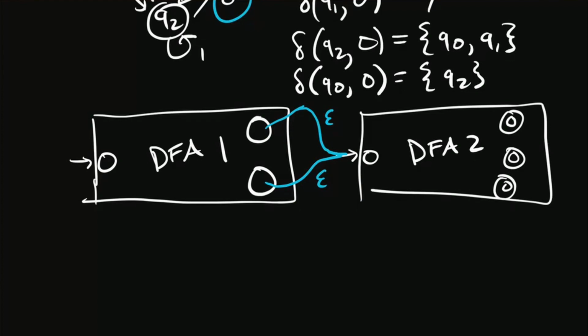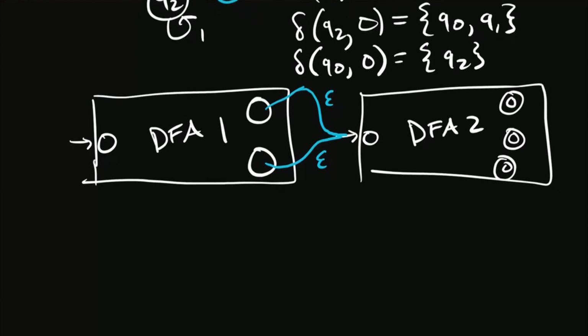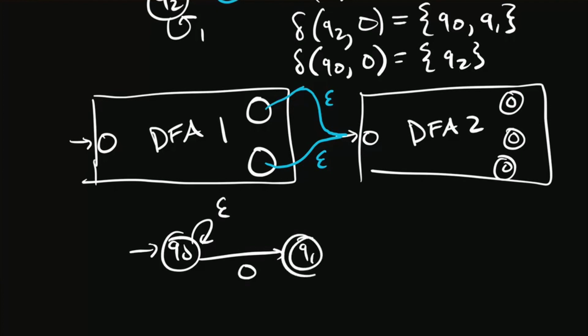Could an NFA have 0 computations on the same string? Meaning, there's no way that you could read the whole string. Here's an example. It's kind of a dumb example, but it shows the point clearly.